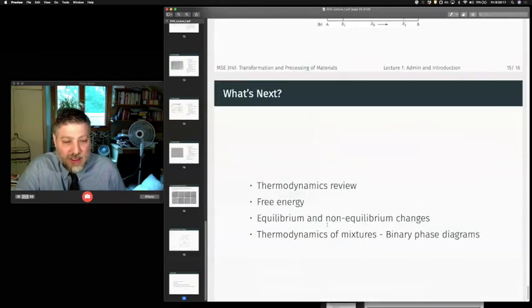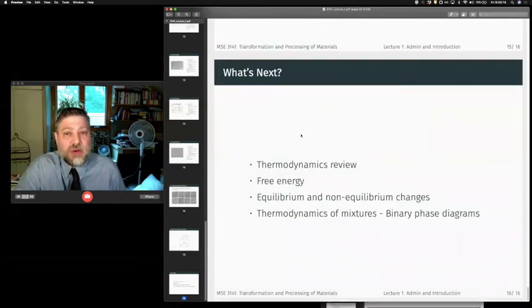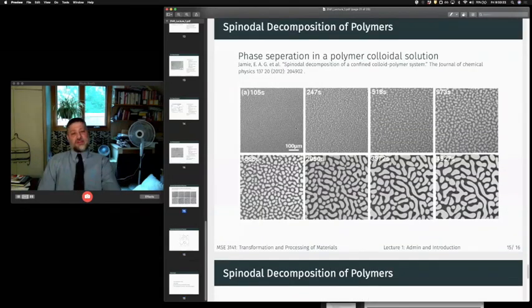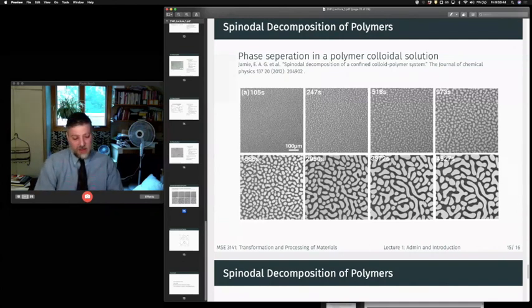That's not to say those concepts aren't extremely important, but there's a lot more going on that drives the evolution of a material system than just the thermodynamics. It has to do with time, temperature, ease of activation, ease of nucleation, ease of growth. And so we need to understand the driving forces for these processes, and then the energetics and the kinetics associated with them.